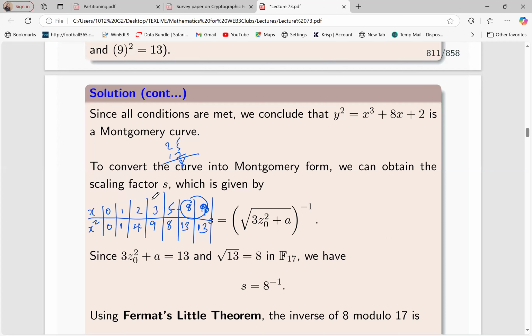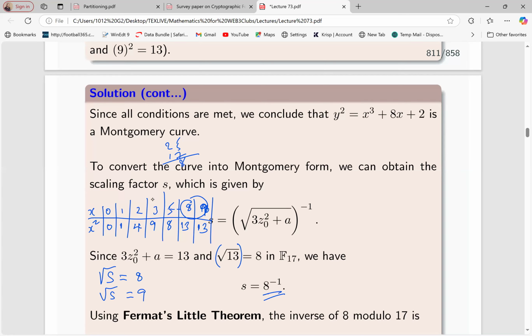Now, what we require is the inverse of the square root, the inverse of 8. This one you can use the extended Euclidean algorithm to find. Just before we go there, we've already found the square root of 13, and another square root we found as 9.